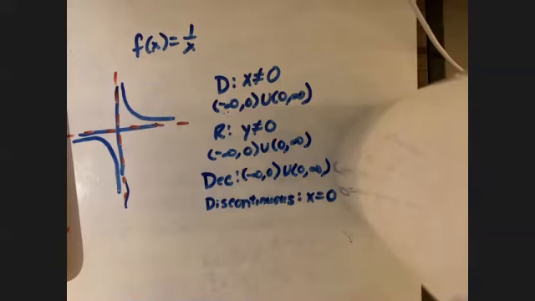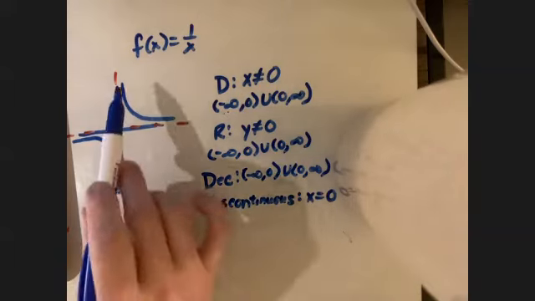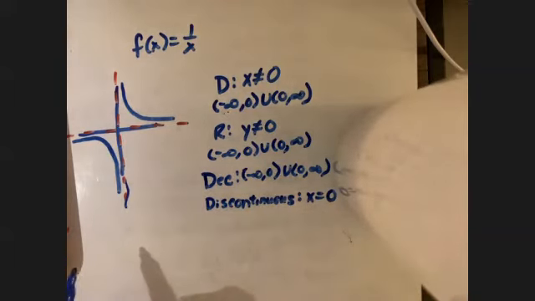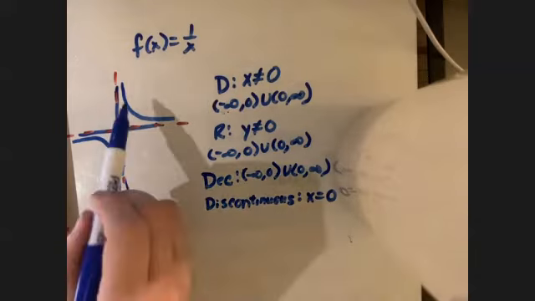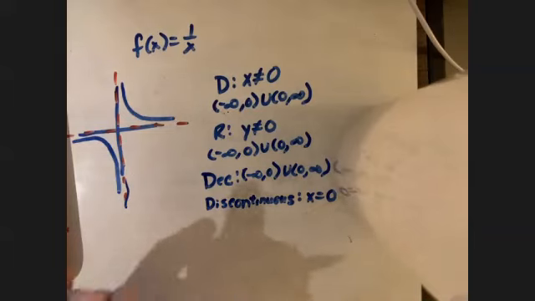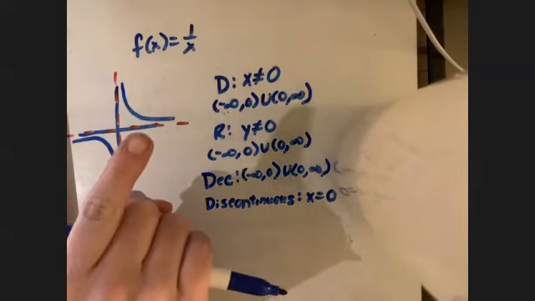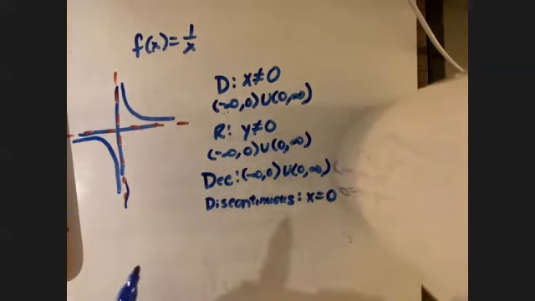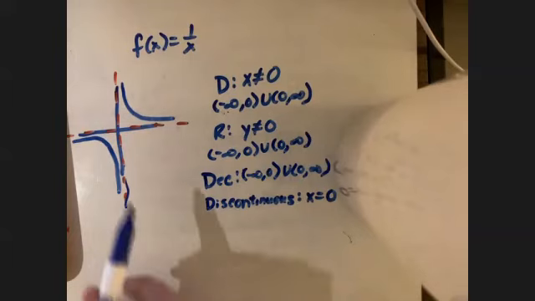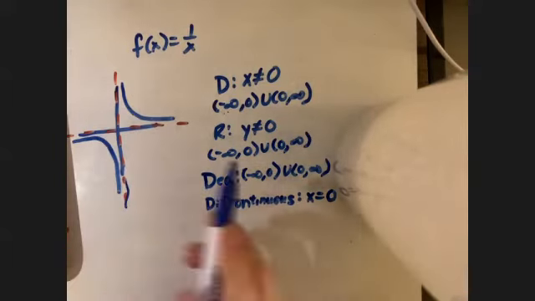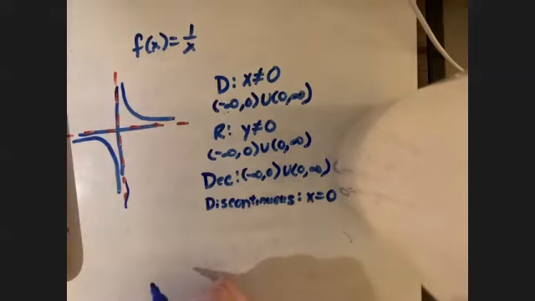Now then, we do need to talk about these little dashed lines. If you remember, these are sometimes what I have referenced as I'm not touching you lines. The graph gets really, really close. Think about that game where it's like, I'm not touching you, I'm not touching you, and you get really, really close, but you never actually touch. So those are called asymptotes.